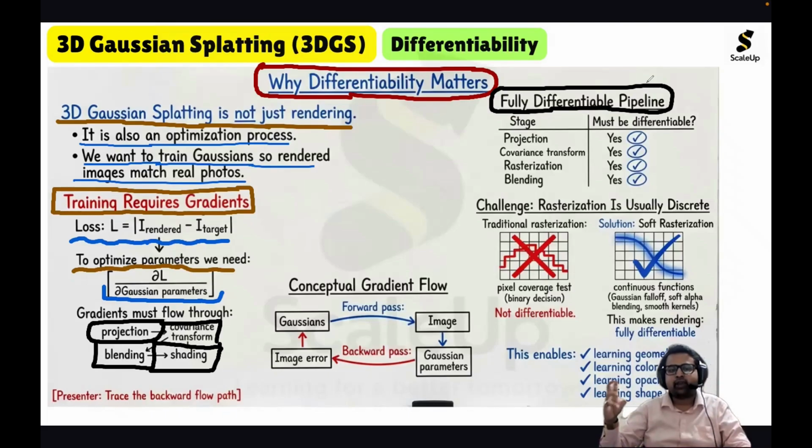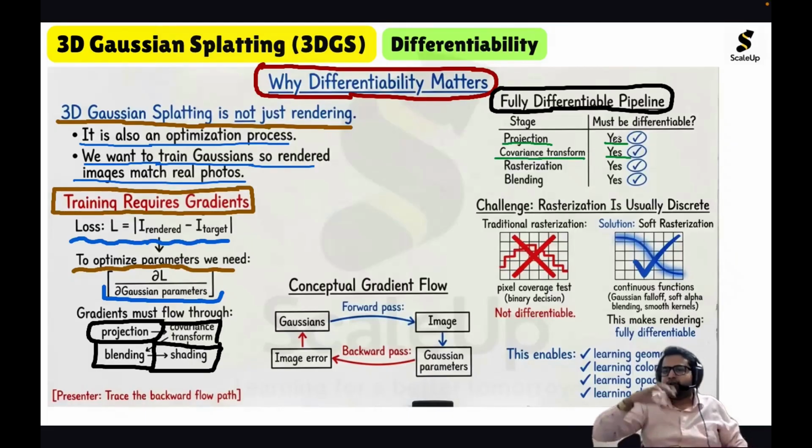In covariance transform, I'll calculate the gradient. Blending, I'll calculate the gradient. Shading, I'll calculate the gradient. So I want a fully differentiable pipeline wherein at every stage I should be able to calculate the gradient. So it should be differentiable. Is projection differentiable? Yes. Covariance transform.